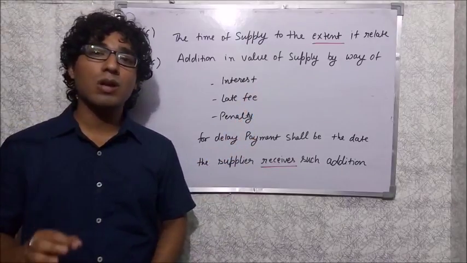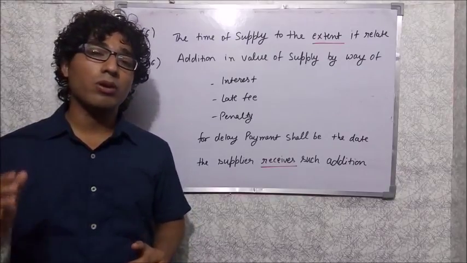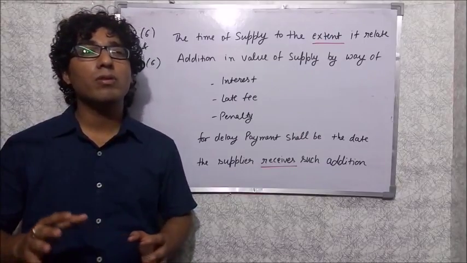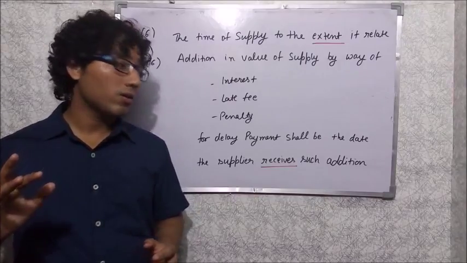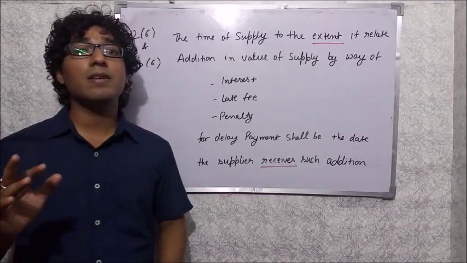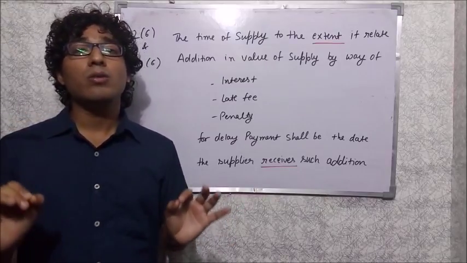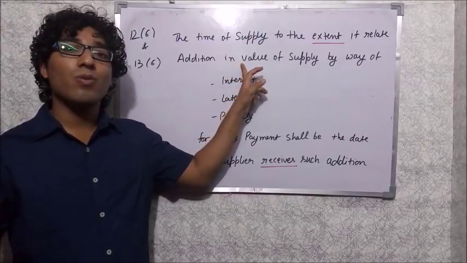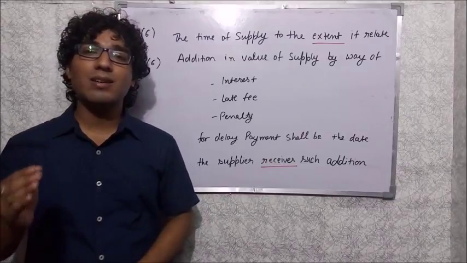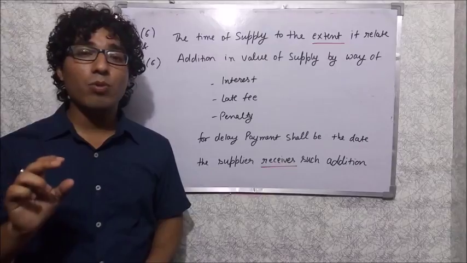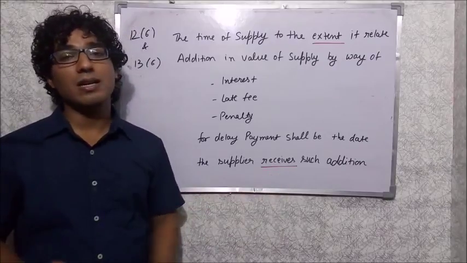So suppose you issue an invoice of 2000 rupees and the recipient of supply of goods or services didn't make the payment up to a certain point of time and you charge a late fee of only 100 rupees, then the time of supply of that penalty will be the date when you receive such addition, and that will be only for 100 rupees, not the whole amount, but only to the extent of the addition in value of supply by way of interest, penalty or late fees.